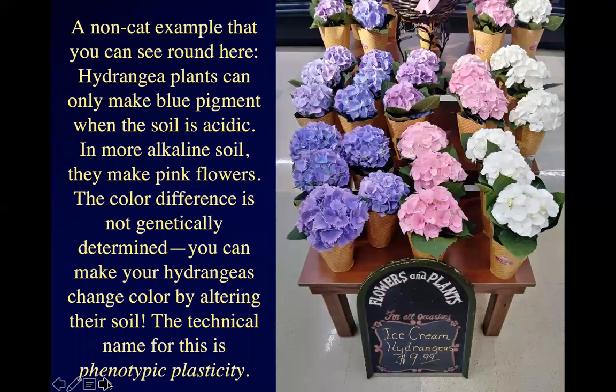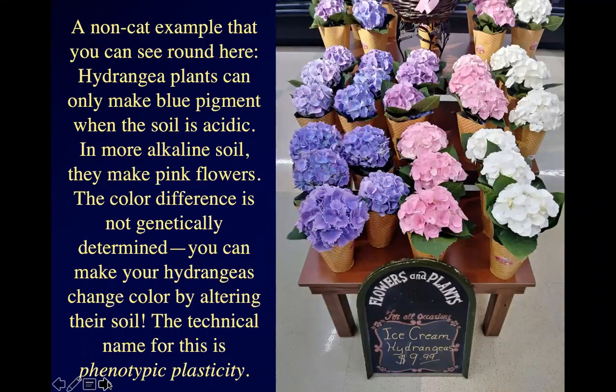You can turn your pink hydrangeas blue by putting iron in the soil. And that has the effect of absorbing some of the alkalinity and making the soil just a little bit more acid. So mess with your soil chemistry, and you can change the hydrangea color.